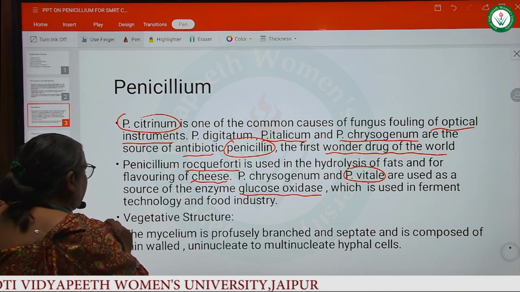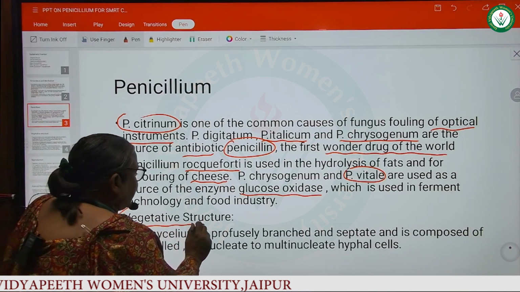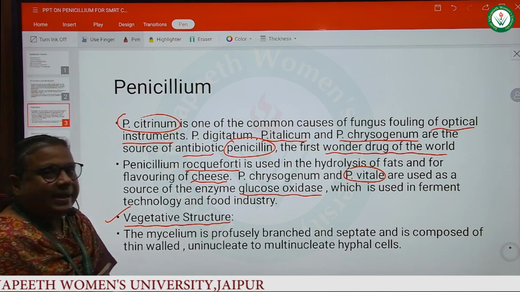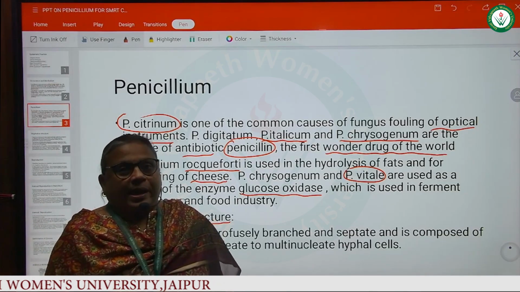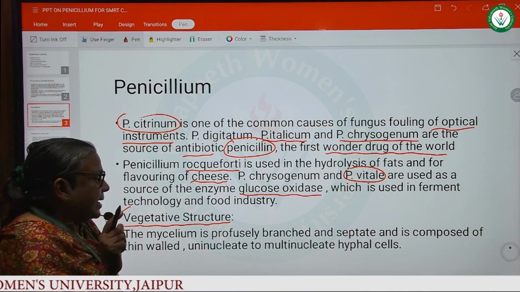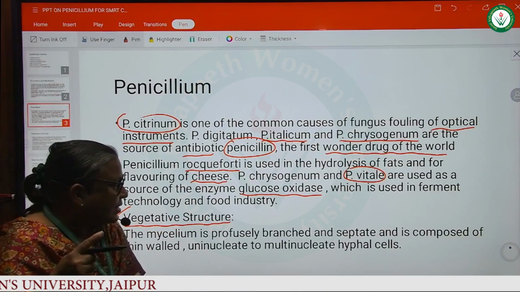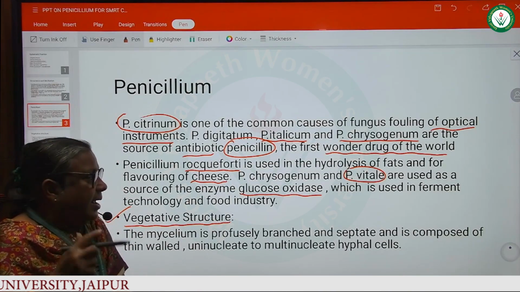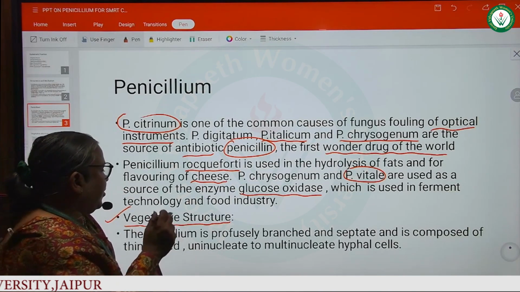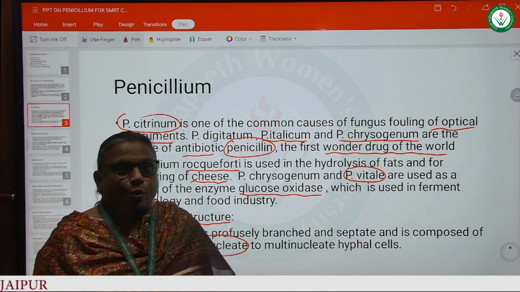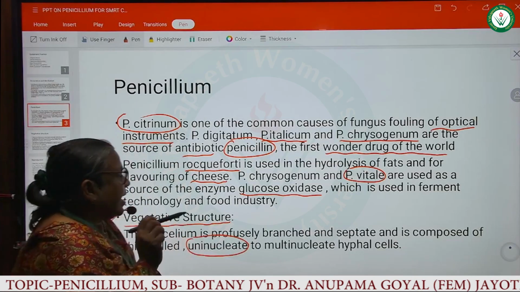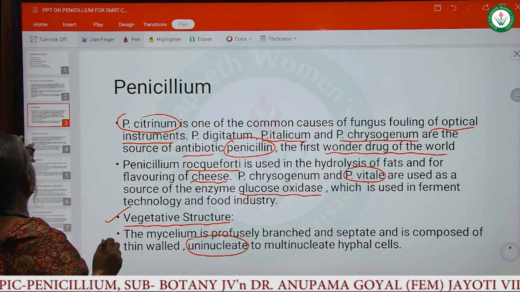Now I talk about the vegetative structure of the fungus Penicillium. The mycelium in Penicillium is profusely branched and septate, and is composed of thin-walled uninucleate to multinucleate hyphal cells.